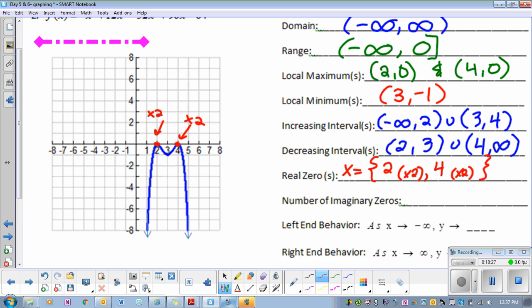You could put double root, DR, write them all out. As long as you tell us that you know that there are doubles there, it's fine. But if you just put 2 comma 4, taking points off. So it's going to be wrong.